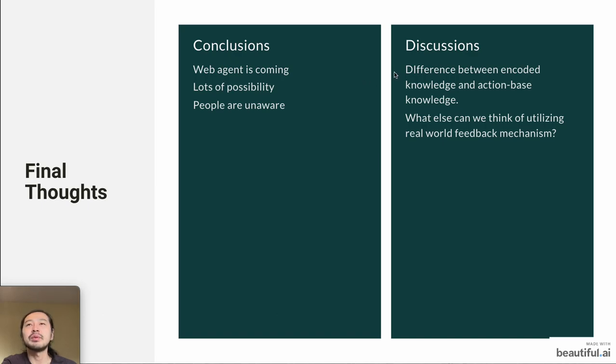So my takeaway is this case showcased the interesting dynamics between encoded knowledge versus the action-based knowledge. So encoded knowledge being something that's being written down, such as science papers or Wikipedia, and those are synthesized by GPT and the current large language model. But they don't encompass any of the action-based knowledge.